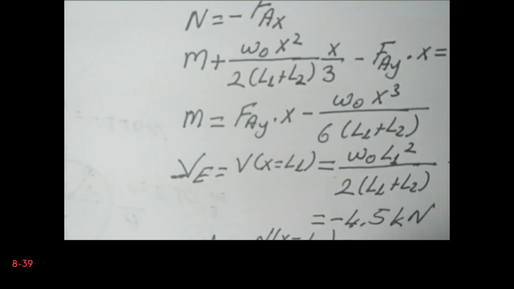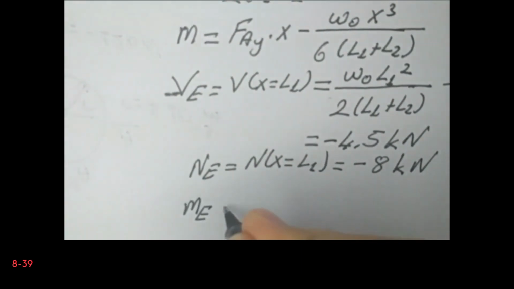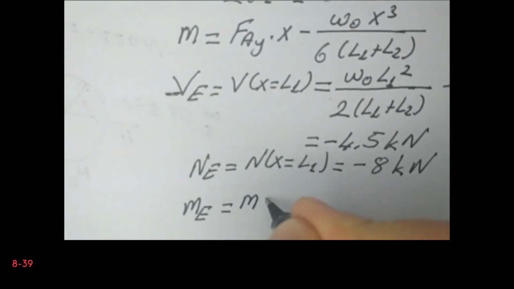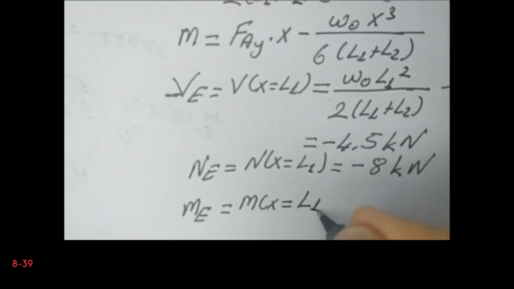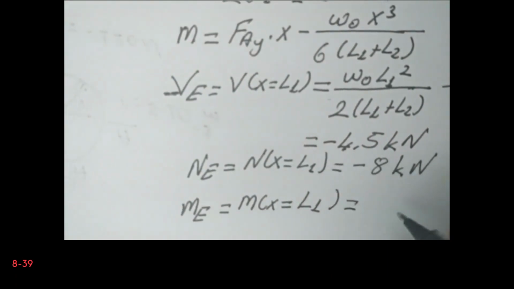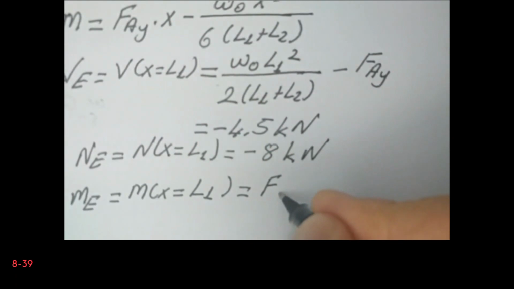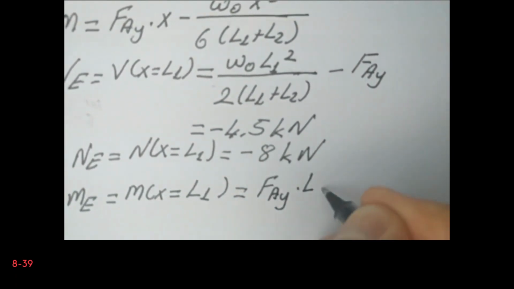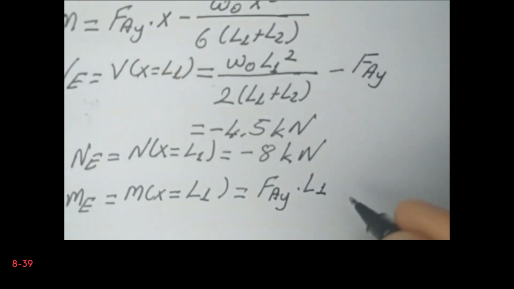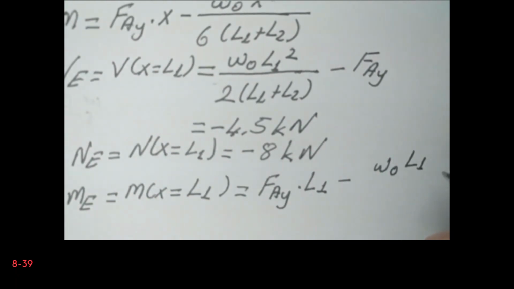Now the bending moment at E is equal to M at x equal to L1, and that's equal to Fay multiplied by L1 minus W0 L1 cubed divided by 6 (L1 plus L2).